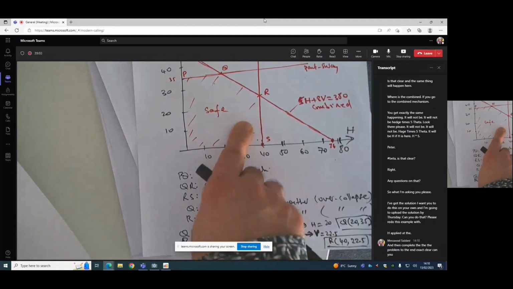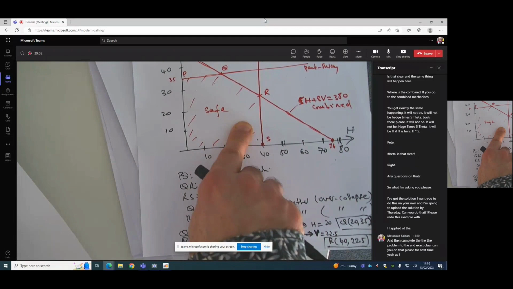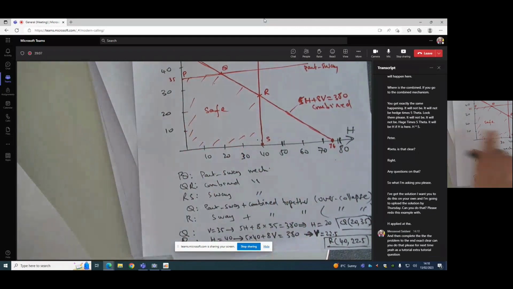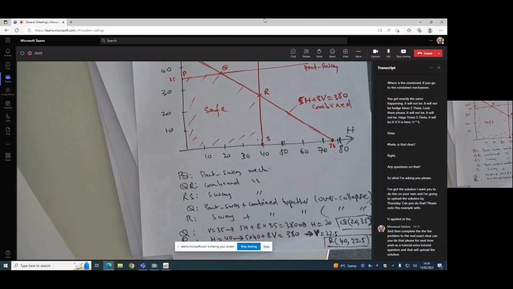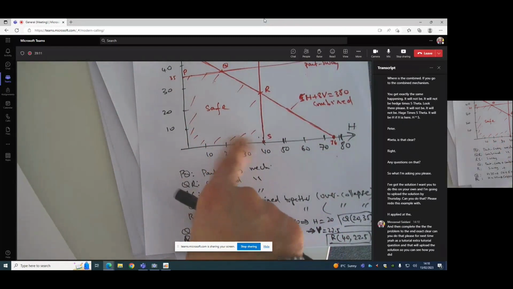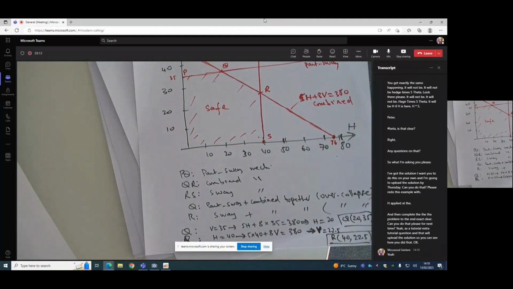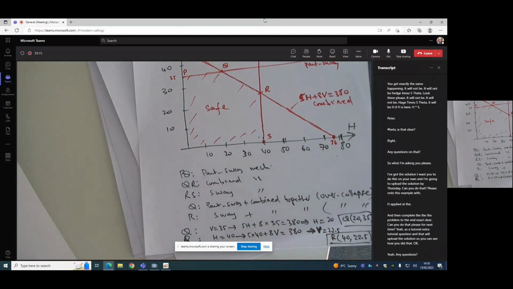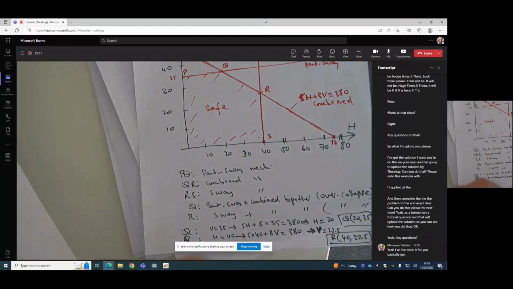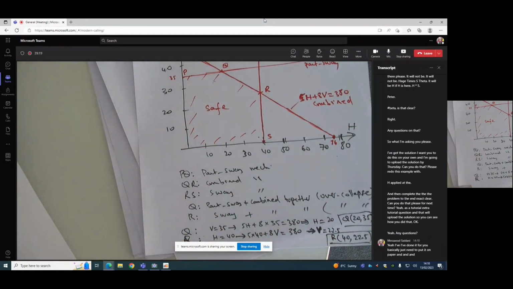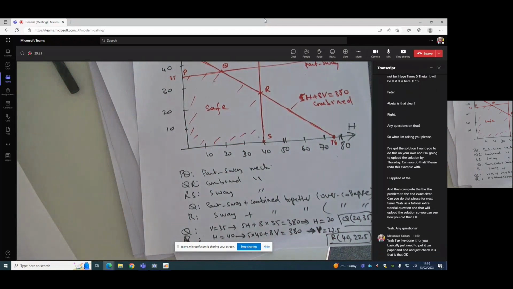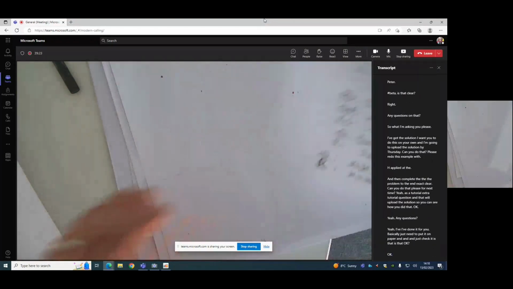Can you do that for next time? As an extra tutorial question. And I will upload the solution so you can see how you did. Is that okay? Any questions? I've done it for you. Basically, you just need to put it on paper and check it. Is that okay?